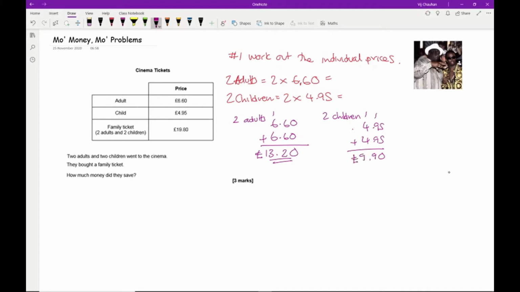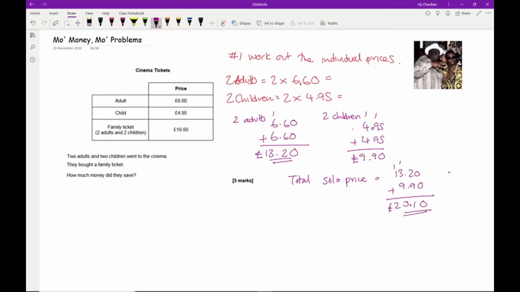Then the total solo price is £13.20 plus £9.90, and working that out we get £23.10.